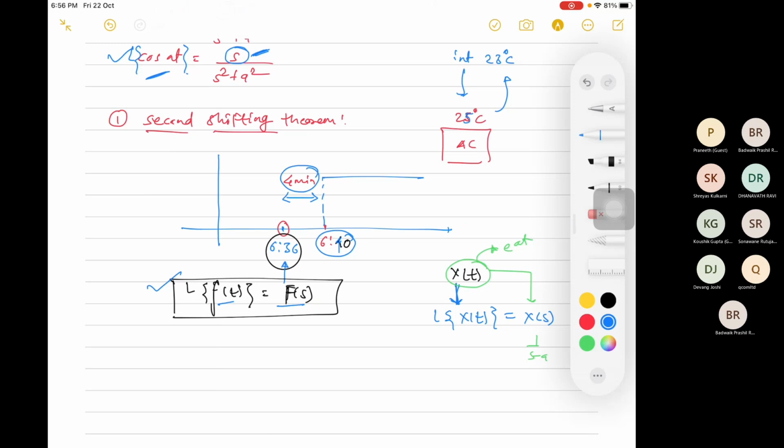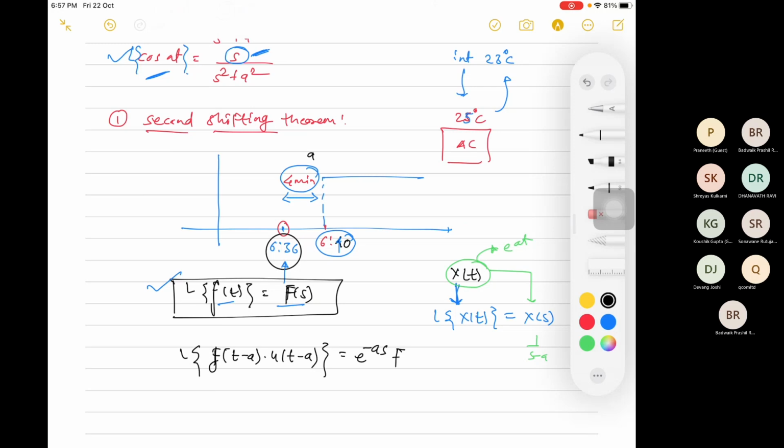This 4 minutes I am generalizing as a. So there is a lag of a in the input. I am writing it as small f of t minus a into u of t minus a, which equals e power minus as times F of s.